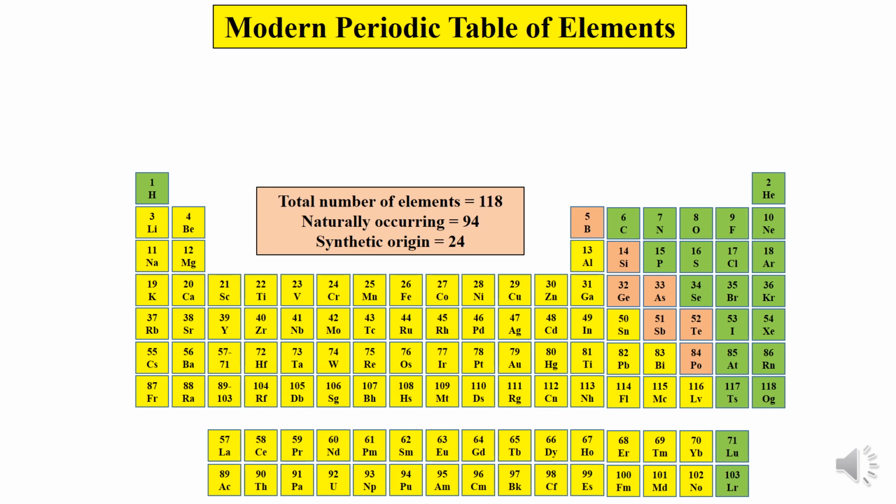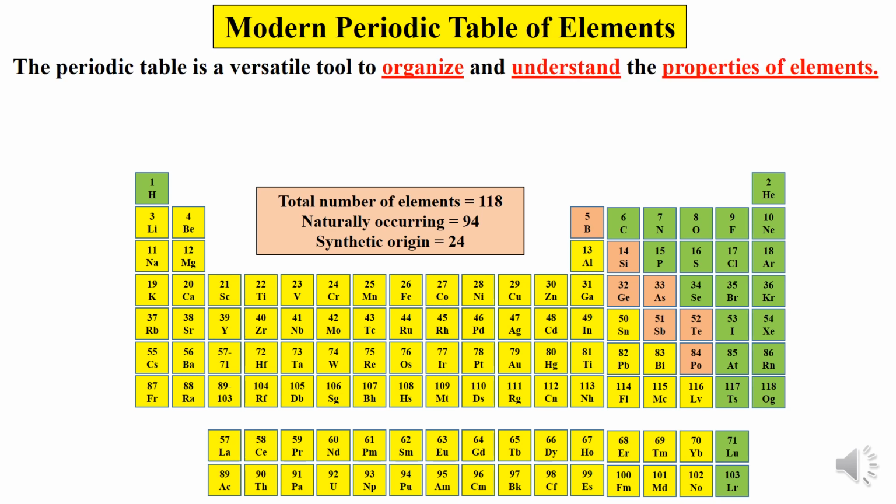That is to say, these 24 elements are synthesized in the laboratory using nuclear reactions. The periodic table is a useful tool not only to organize the elements in an orderly fashion, but also it helps one to understand the properties of elements.